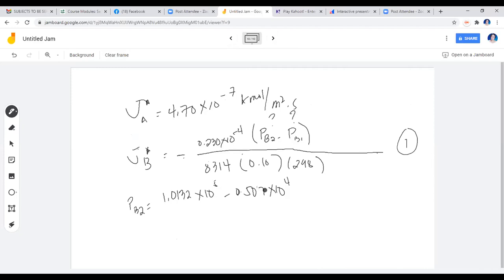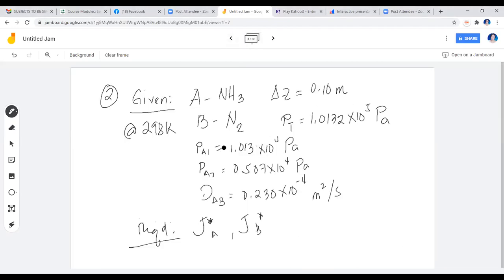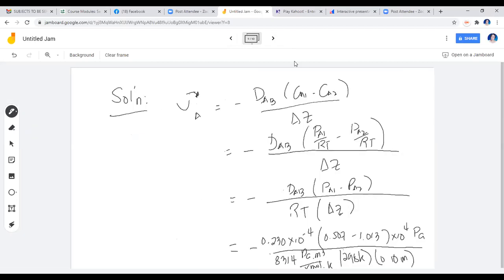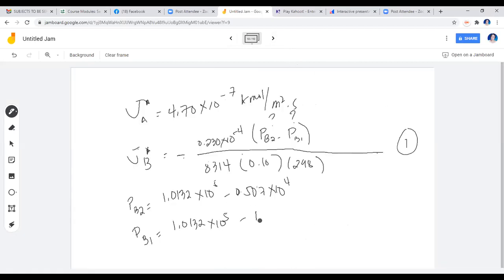And you do the same with the partial pressure of B at point 1. So 1.0132 times 10 raised to 5 minus that of A at point 1. So A at point 1 is 1.013 times 10 raised to 4.